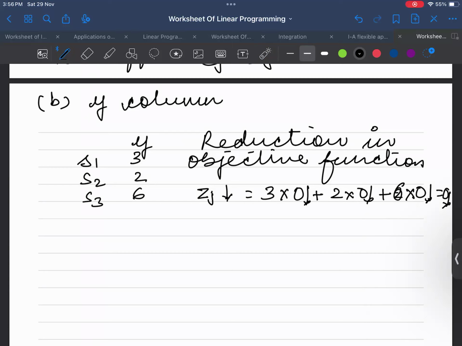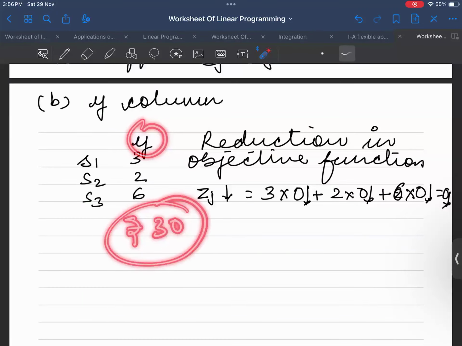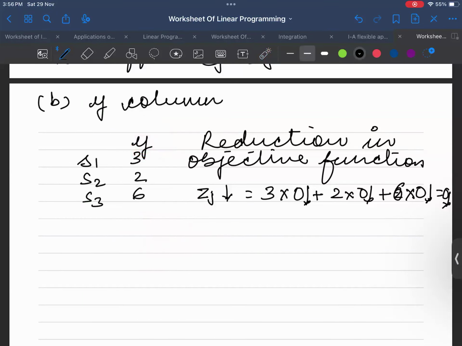This 1 unit of y variable will contribute 30 rupees to the objective function. So we can calculate the net effect of bringing y into the solution.